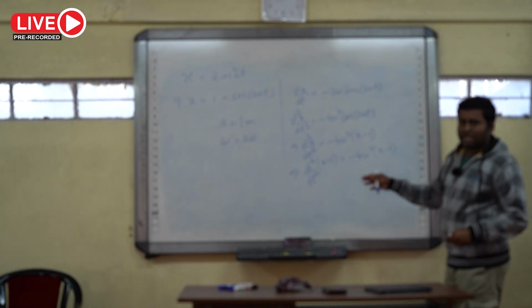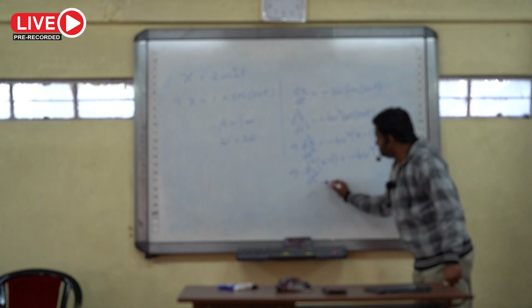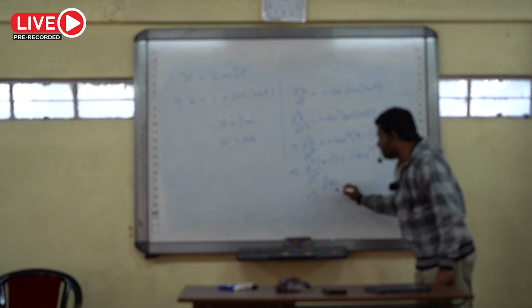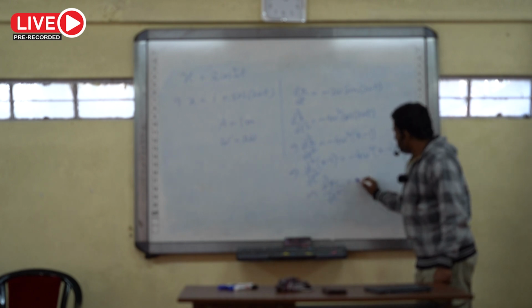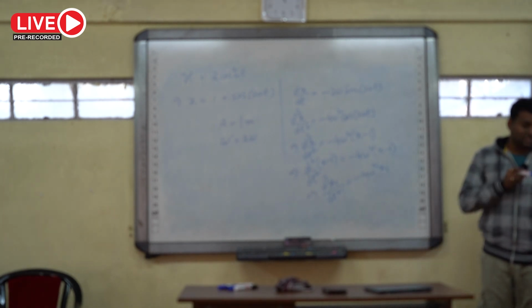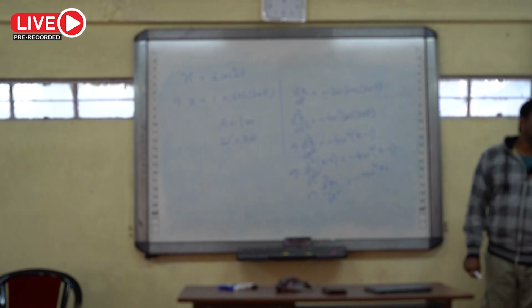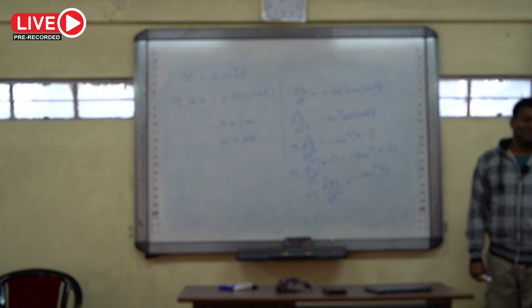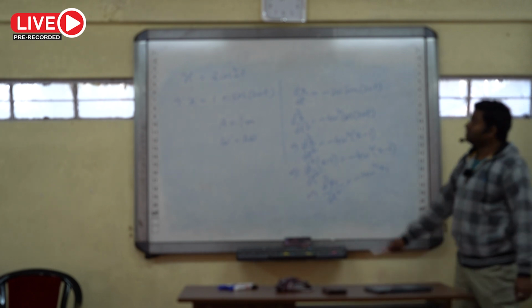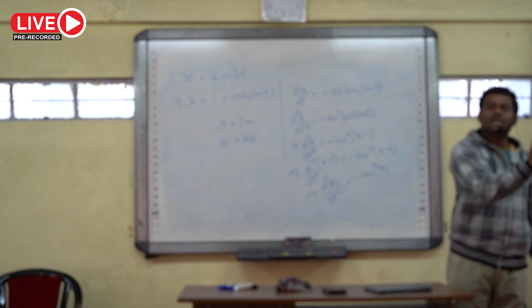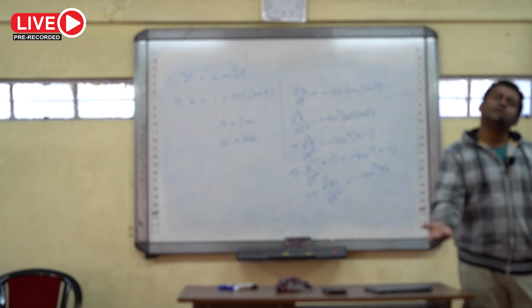Then I will define x minus 1 as a new variable, say x1. So it will be minus 4 omega square x1. So it is performing SHM, but the equilibrium point is not x equal to 0. Equilibrium point is x equal to 1. About x equal to 1, it is vibrating. Because there is a constant term, the equilibrium position is shifted from x equal to 0 to x equal to 1. So about x equal to 1, it can perform the SHM.